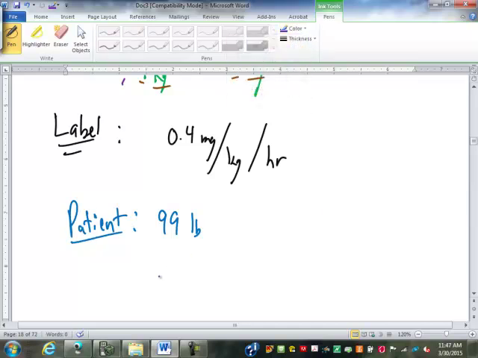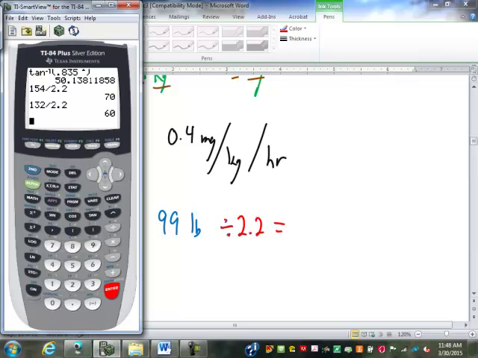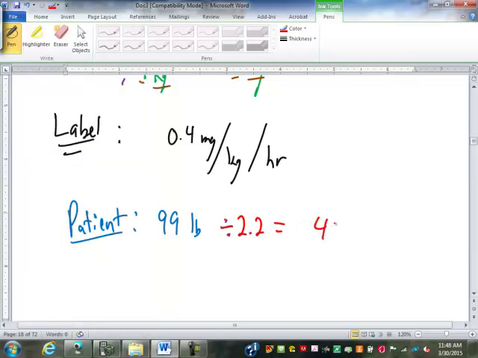So once again, we need to convert that into kilograms. We're going to divide it by 2.2. That gives us 45 kilograms.